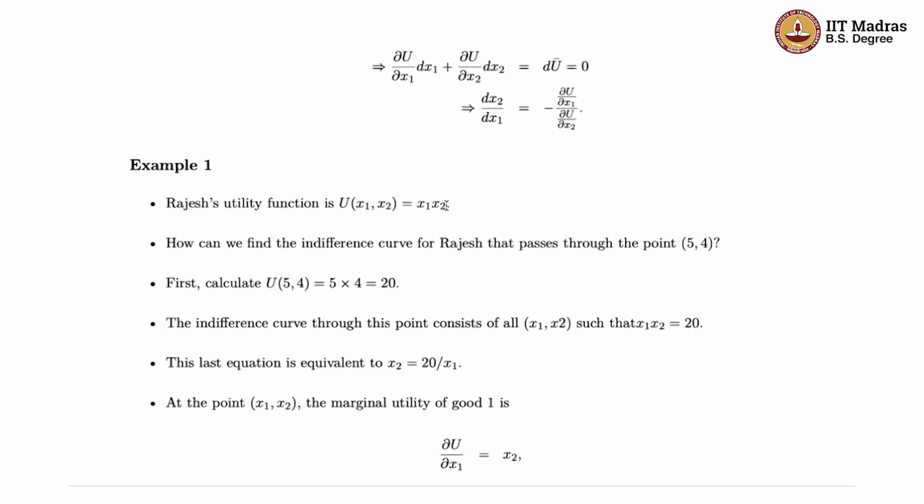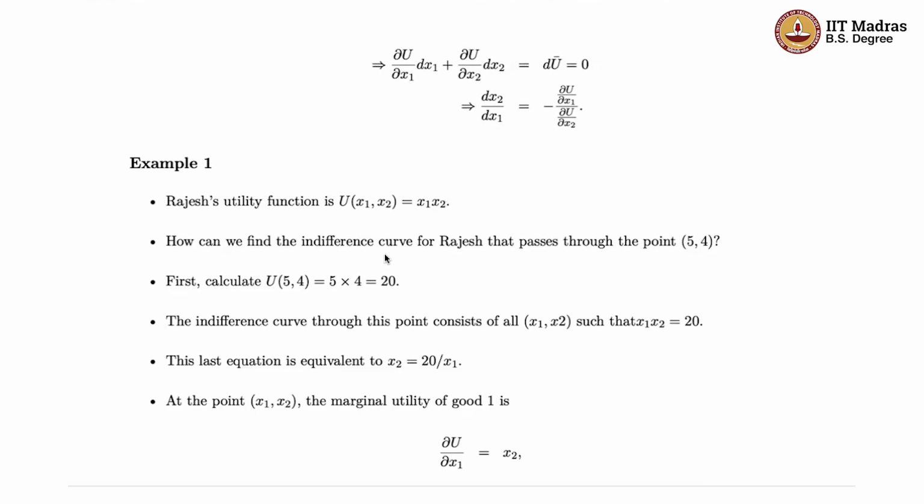How do we, for example, find the indifference curve for Rajesh that passes through the point (5, 4)? Well, we need to look at all the x1, x2 such that they give the same utility as Rajesh gets from (5, 4). How much utility does Rajesh get from this bundle? We can calculate that by putting it in the utility function, and that is equal to 20.